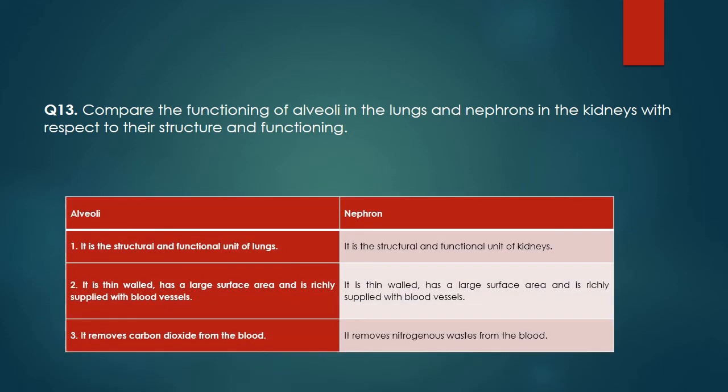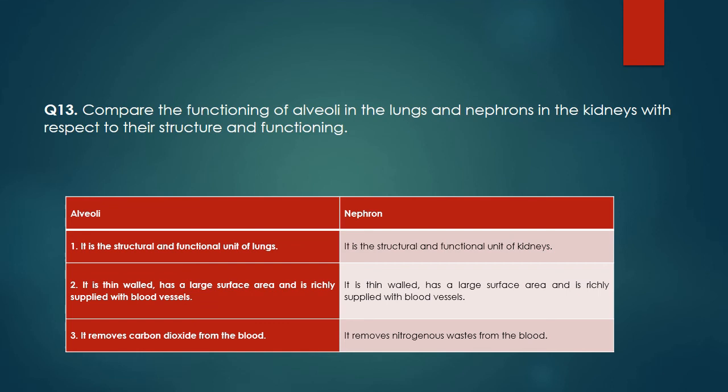Alveoli are the structural and functional unit of the lung. Nephron is the structural and functional unit of the kidney. Alveoli are thin-walled, have a large surface area and are richly supplied with blood vessels. Nephron is also thin-walled, has a large surface area and is richly supplied with blood vessels.